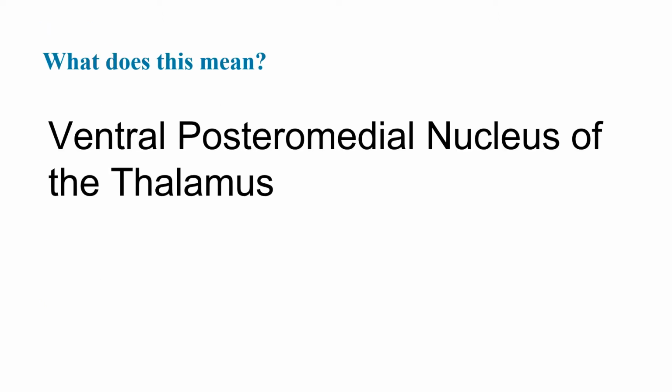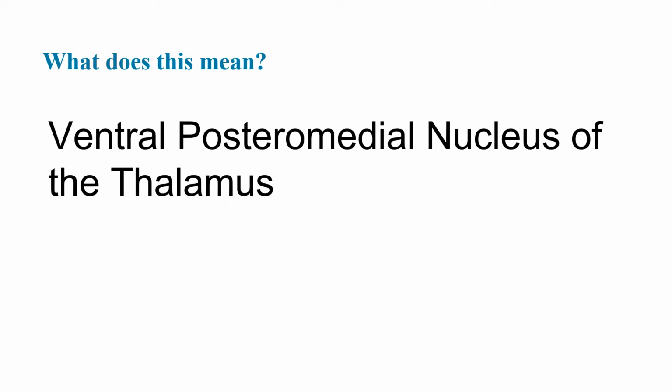So what does this mean? If I say ventral posteromedial nucleus of the thalamus, what does that mean? Almost all of that is something that you should, by the end of the next few slides, be able to identify, because a lot of that is when we're talking about the planes and orientation of the brain.